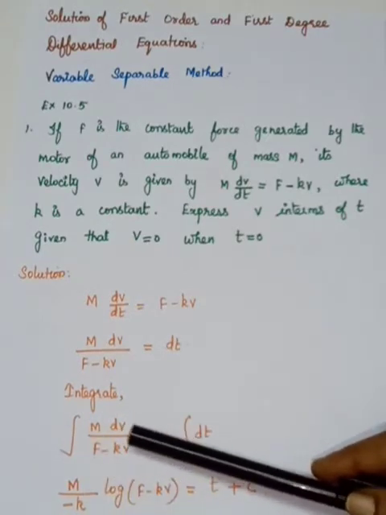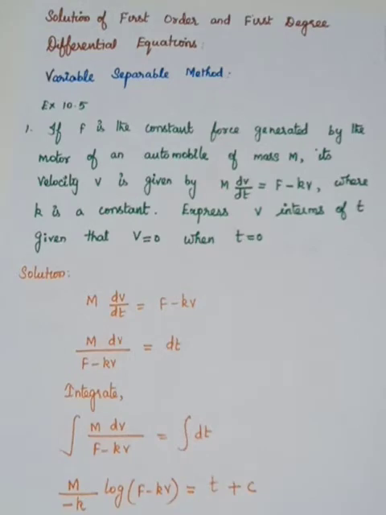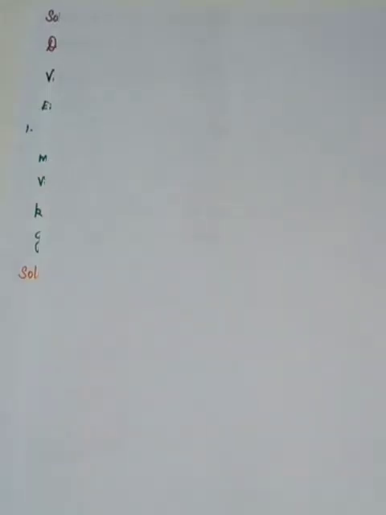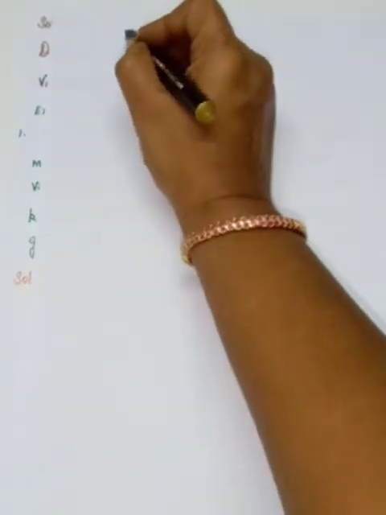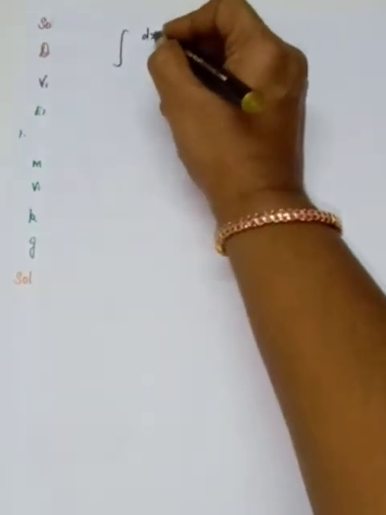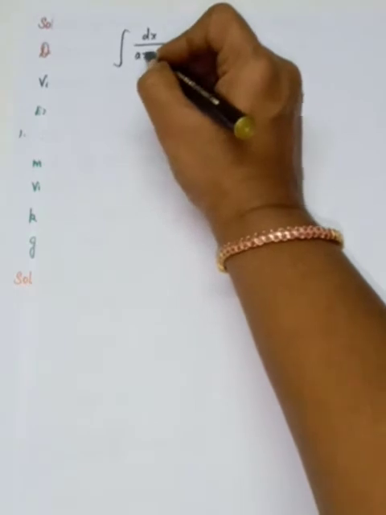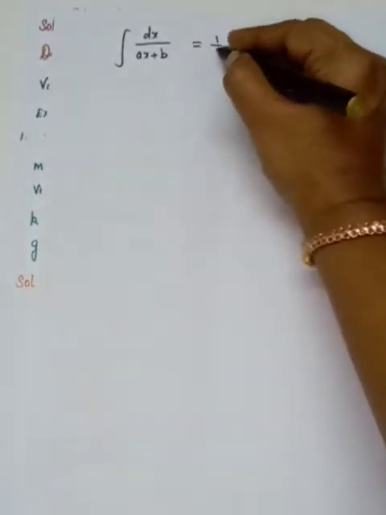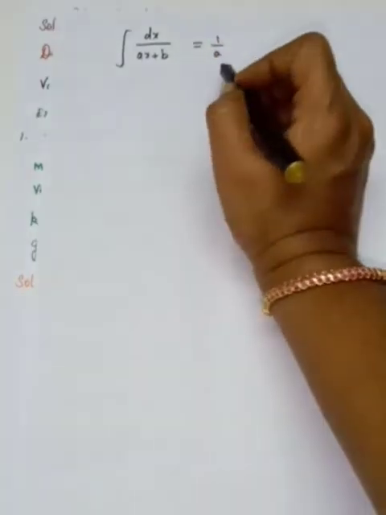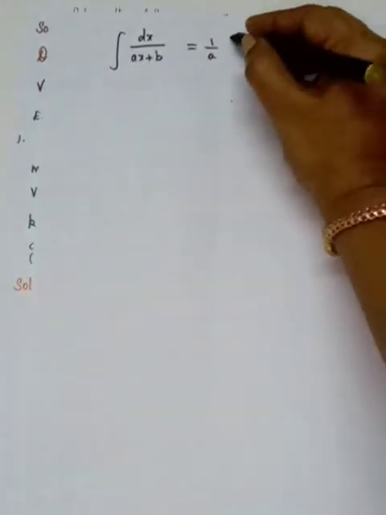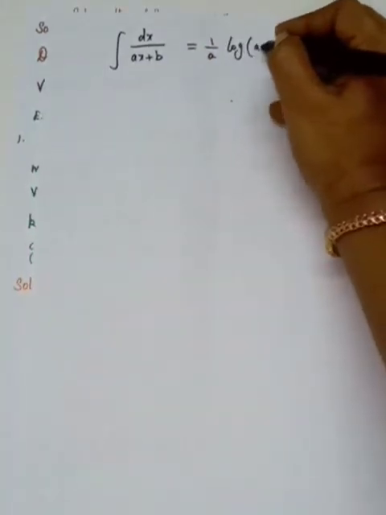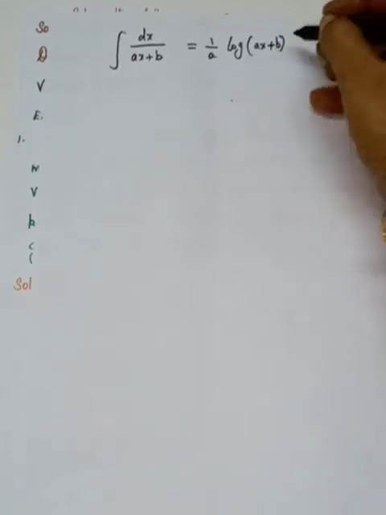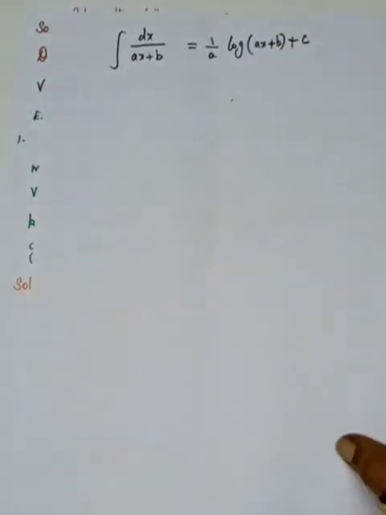It is in the form of integral dx divided by ax plus b, a linear term. You will write the answer as 1 by a, so the coefficient of x should come in the denominator, into log of ax plus b plus c. So this is the answer.